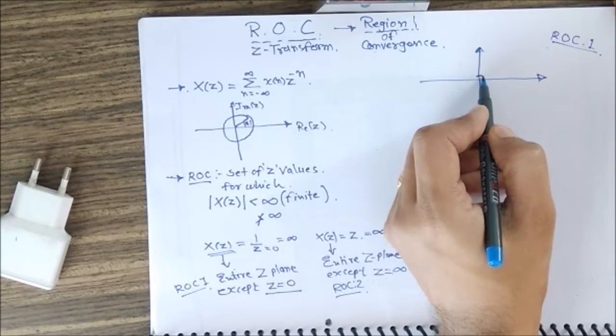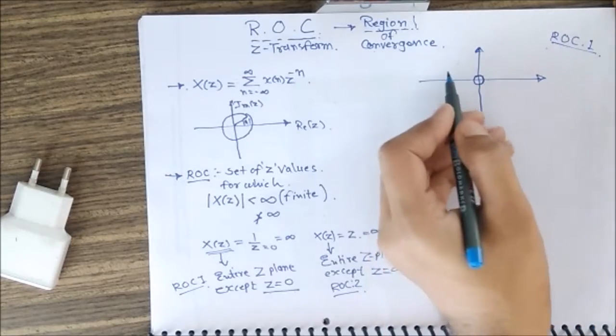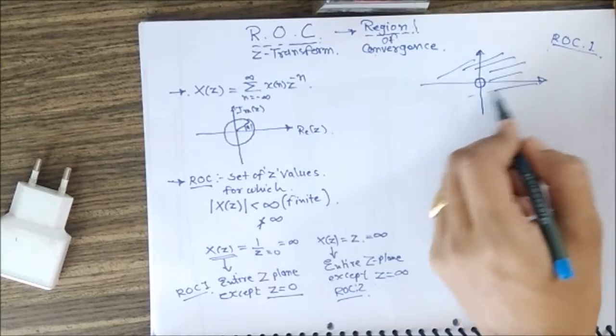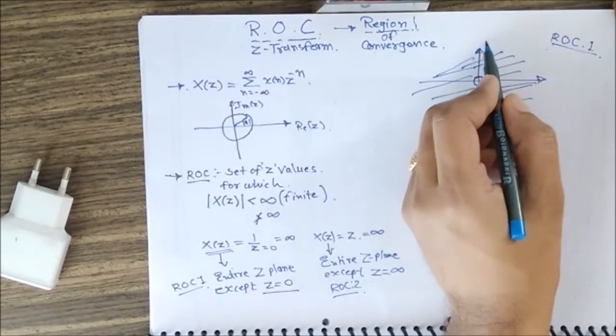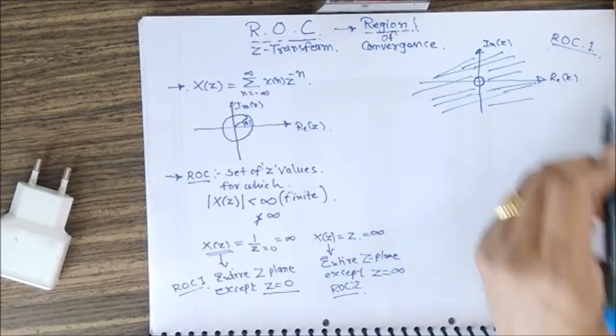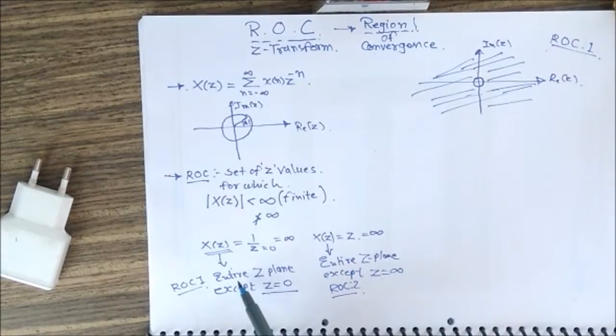So we should not include Z equal to 0 in the region of convergence, and the rest of the region of Z becomes the ROC for a given X of Z. With imaginary part of Z and real part of Z, this will be the ROC1: entire Z plane except Z equal to 0.